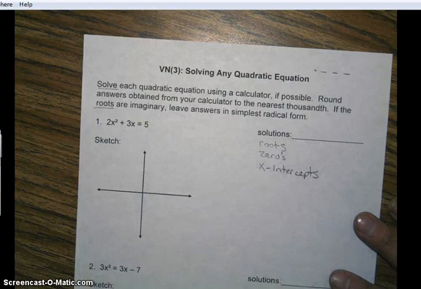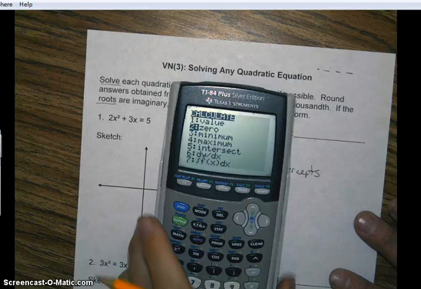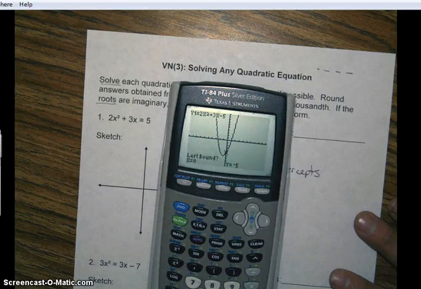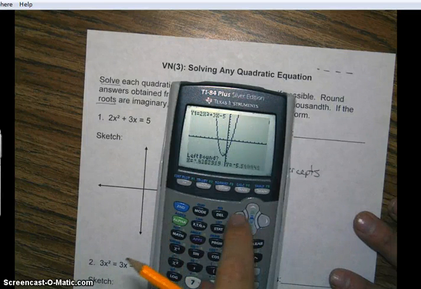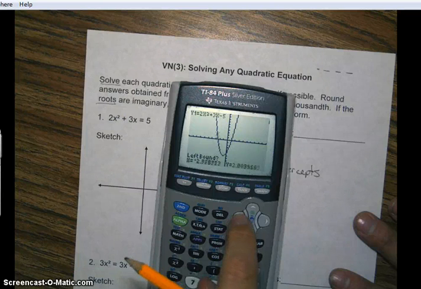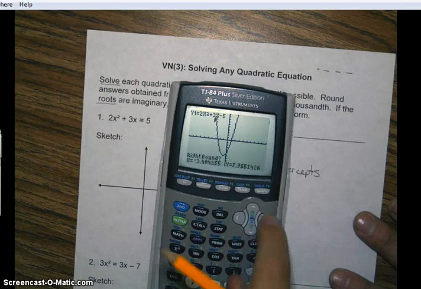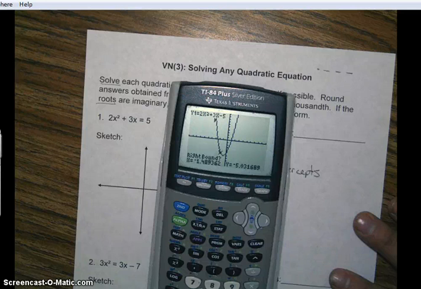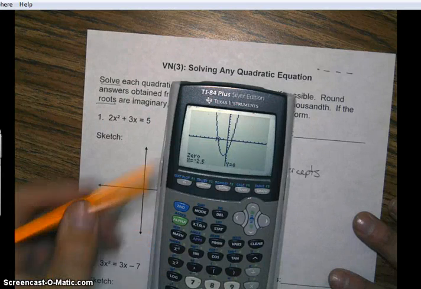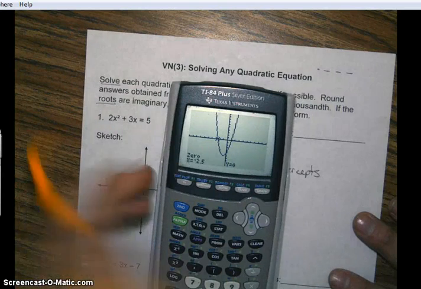So since they're real, we can find the zero. We go left of it, enter, right of it, enter, and enter one more time, and there it is. There is your solution. X equals -2.5.